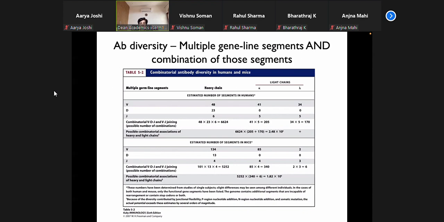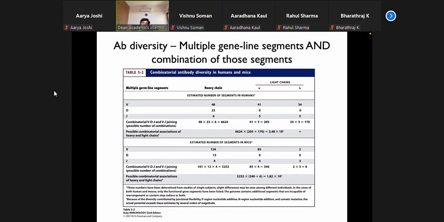Obviously there are other mechanisms to make it more diverse, and these mechanisms also play a major role. Also, in recent times, people have shown that as you grow older, you tend to have a limited repertoire of these cells, because these cells keep on dying and your primary lymphoid organs are not that functional anymore.